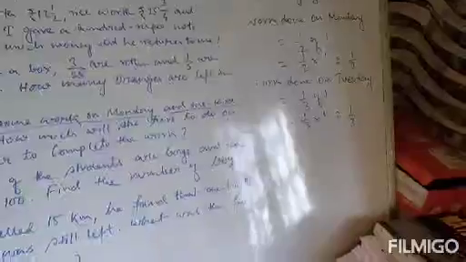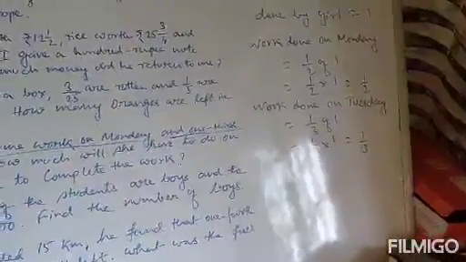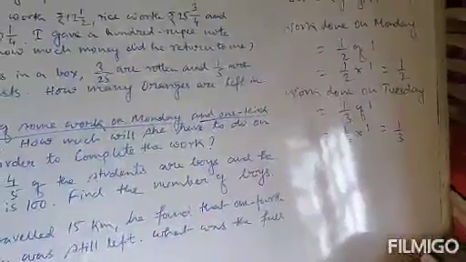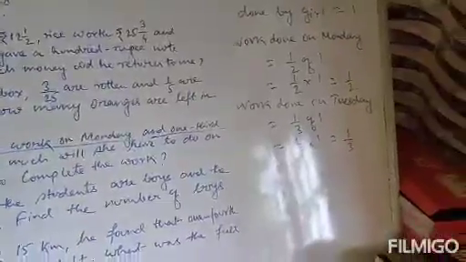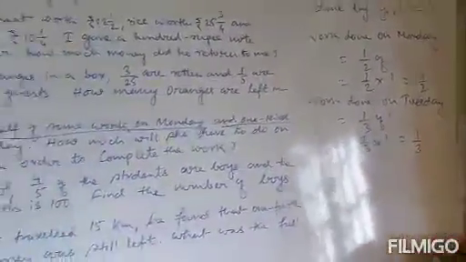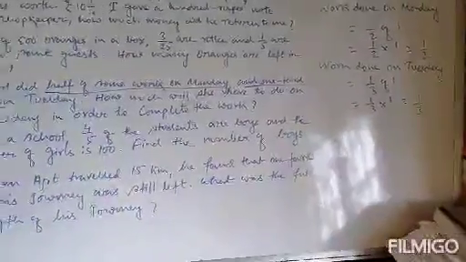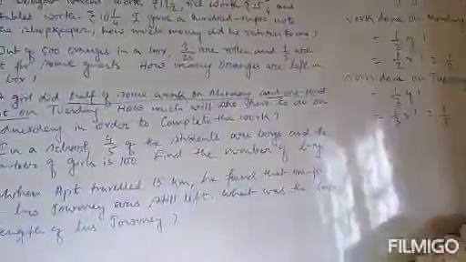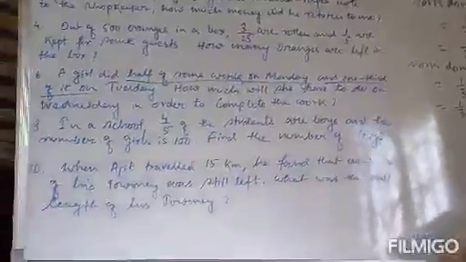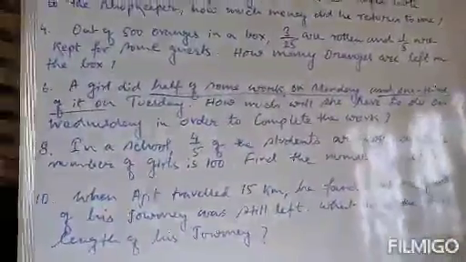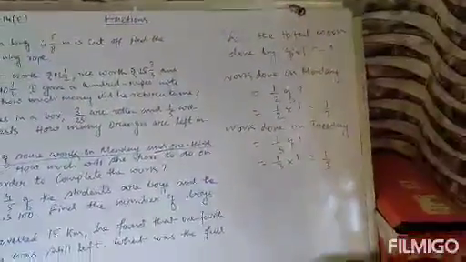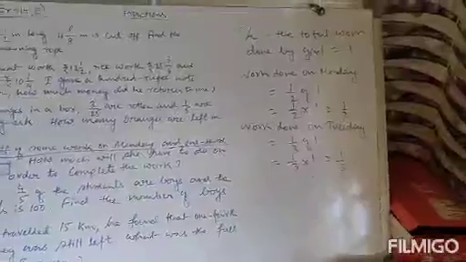If we add 1/2 to 1/3, we will have the total work done by her on Monday and Tuesday, and then we will subtract it from one part work, and the remaining answer will be the work done on Wednesday.